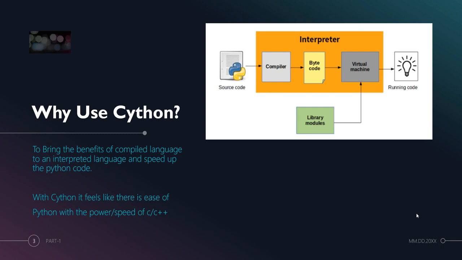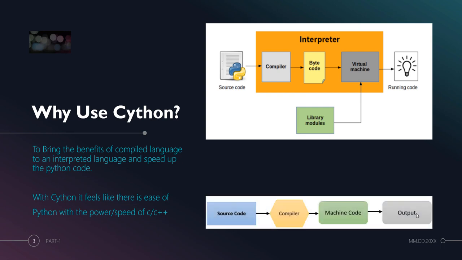This is a different kind of compiler which converts your source code into bytecode. Then this bytecode is executed by the Python virtual machine line by line. Since this happens on the fly when you are executing it, this conversion and line by line execution takes some time, which makes Python a slow language.